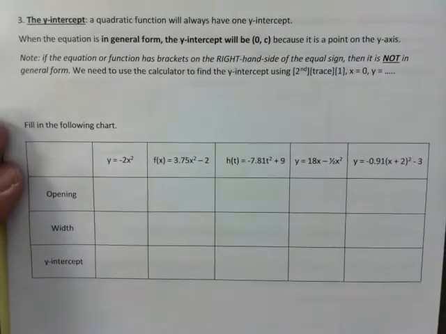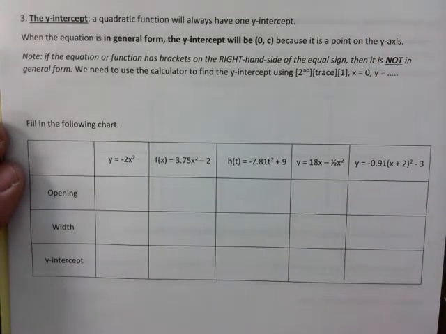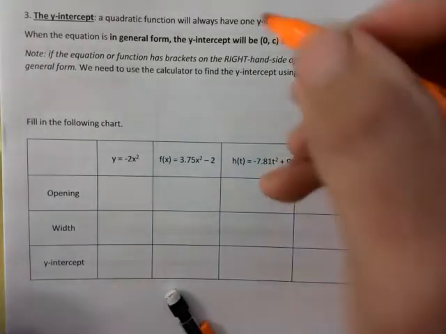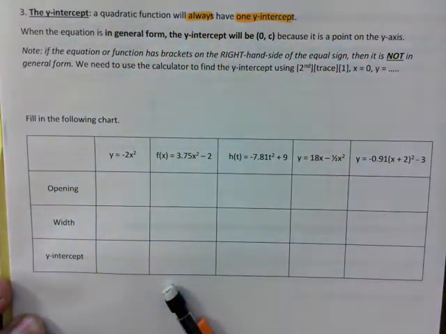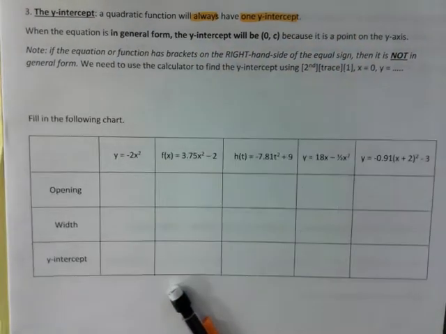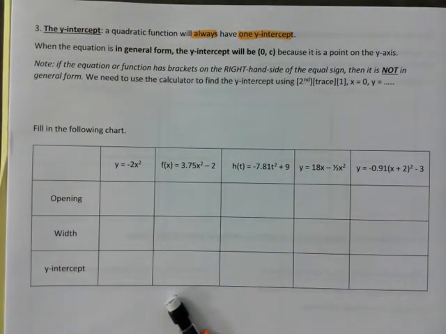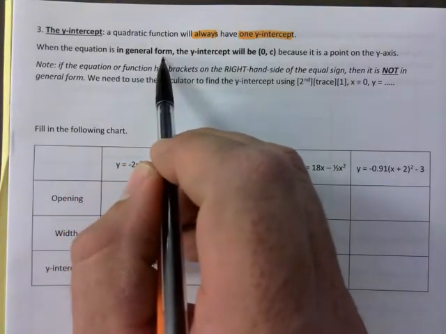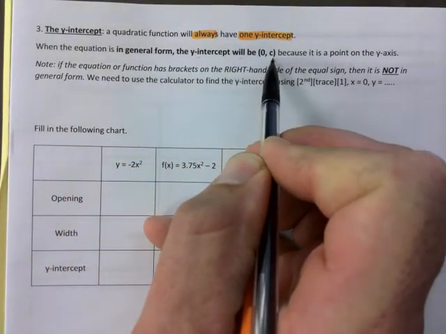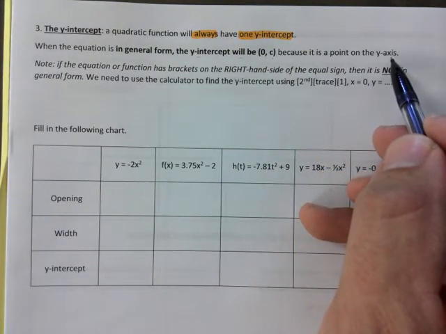Okay, Y-intercept. A quadratic function will always have one Y-intercept, okay? One. Always have one Y-intercept. So that is not negotiable, right? When the equation is in general form, the Y-intercept will be 0, c because it is the point on the y-axis.